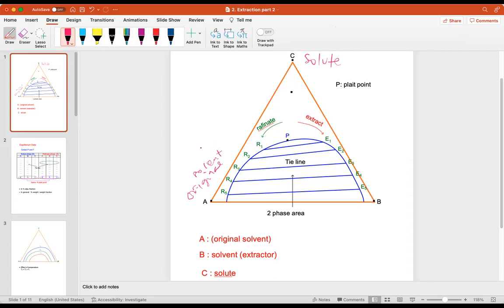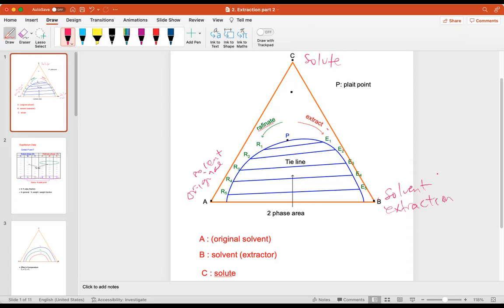So this is the initial one. We want a lot of the solute in the raffinate, so this is close to the raffinate, and the extract is this one. It is based on B, which is the solvent extractor.